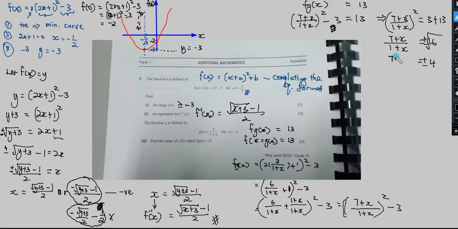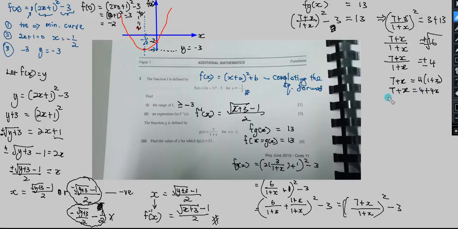Okay, so (7 plus x) over (1 plus x). Now, let's look at the positive one. So 7 plus x, the positive one, equals 4 times (1 plus x). So 7 plus x is equal to 4 plus 4x.